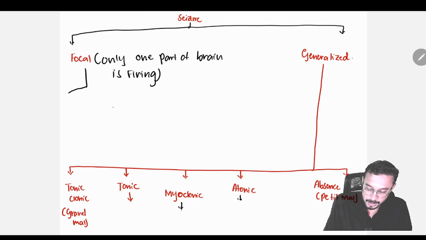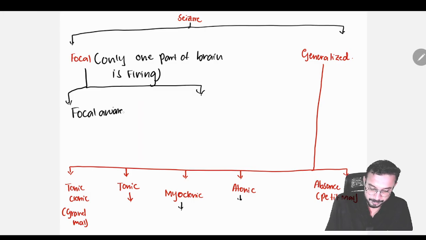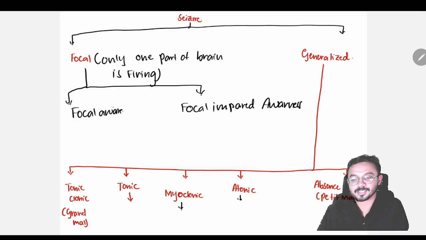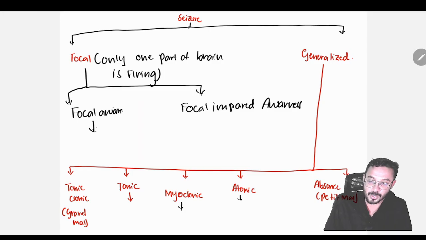And these focal seizures are divided into 2 types, that is focal aware and focal impaired awareness. In one, the patient is aware, in the other, the patient is not aware. The aware one is known as simple partial focal seizure.